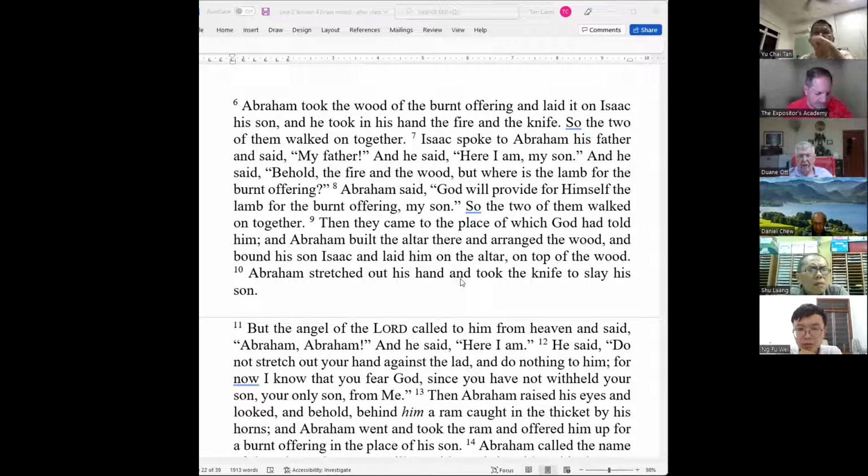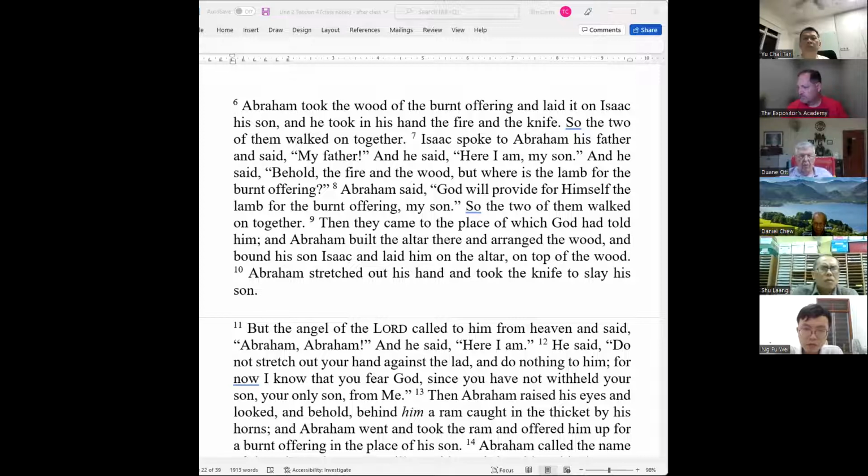Isaac spoke to Abraham, his father, and said, My father. And he said, Here I am, my son. And he said, Behold the fire and the wood, but where is the lamb for the burnt offering? Abraham said, God will provide for himself the lamb for the burnt offering, my son.